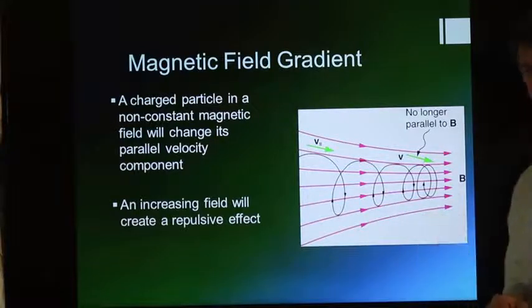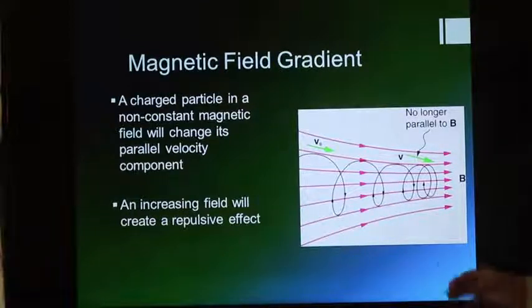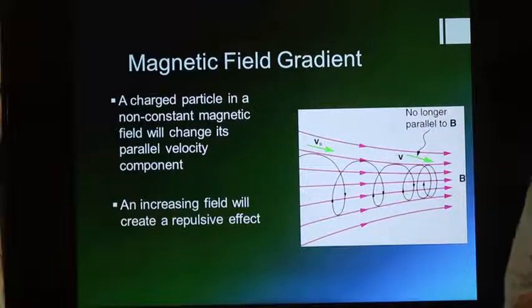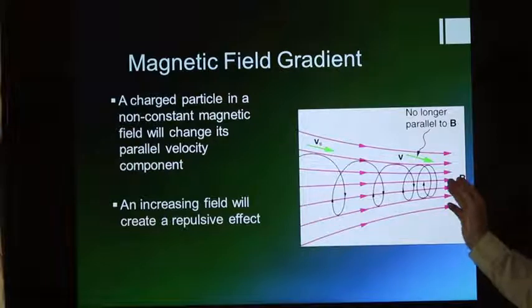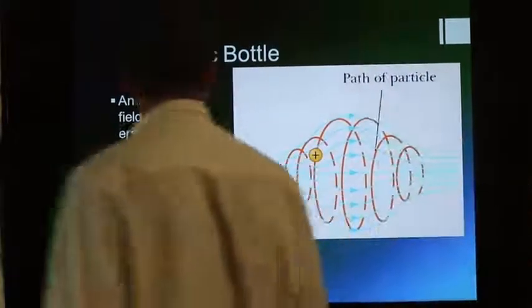If these field lines converge, what actually happens is the velocity is no longer purely parallel, and it will begin to slow down as the magnetic field lines converge, and will actually change direction. So we actually can create what's called a magnetic bottle using a magnetic field gradient.